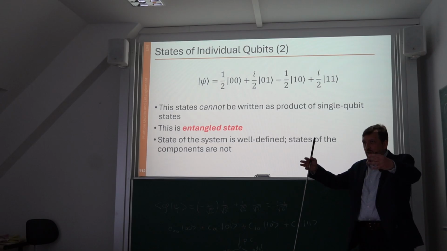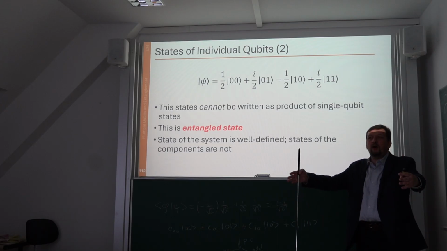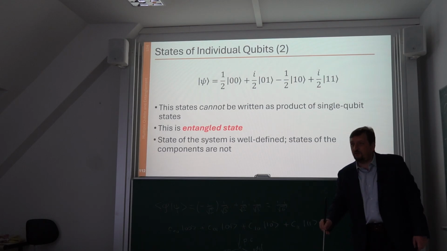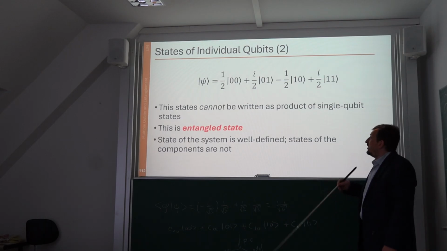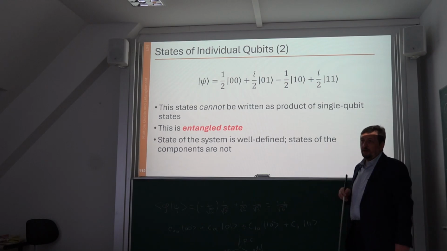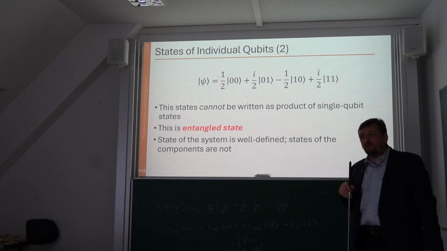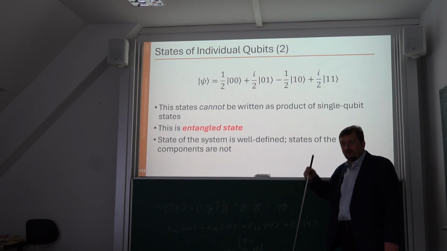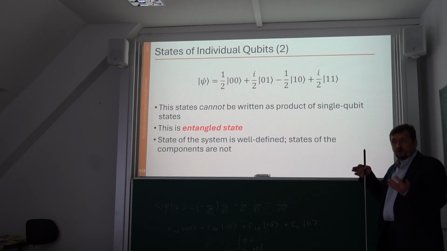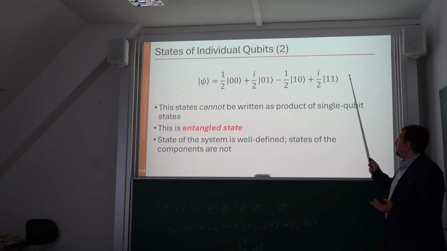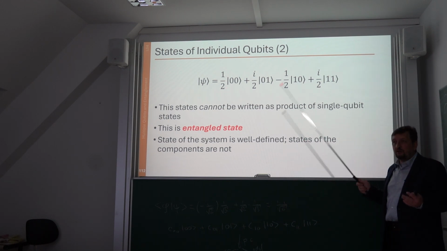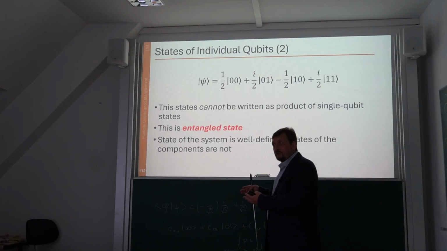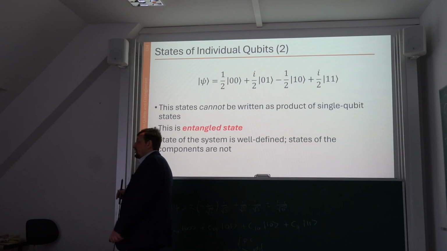So I have a state of 2 qubits which is well defined, completely defined. But in this state, the states of each individual qubit are not defined. So this is an entangled state. And this is what it means: 2 qubits, or 2 particles, or 2 quantum systems form an inseparable state. I can completely describe the state of the system, but I cannot describe the state of individual parts of the system. This is the signature of entanglement.